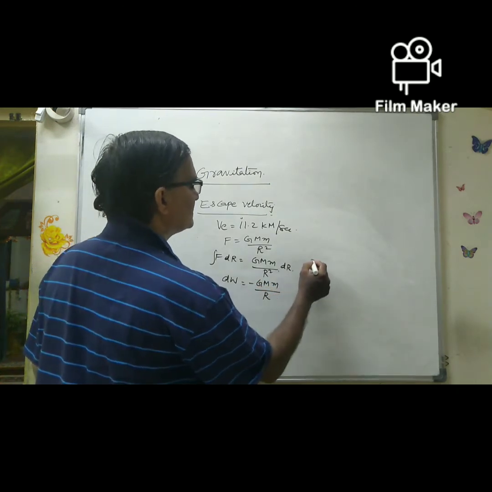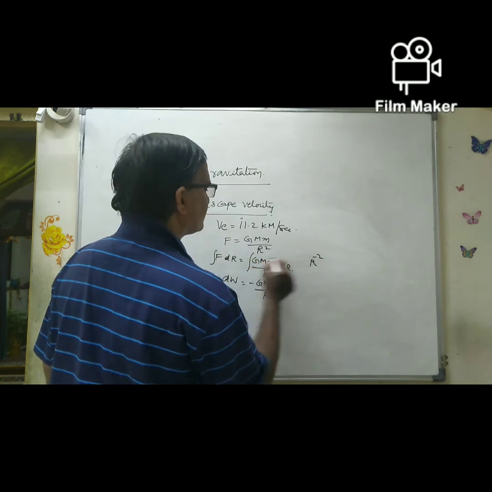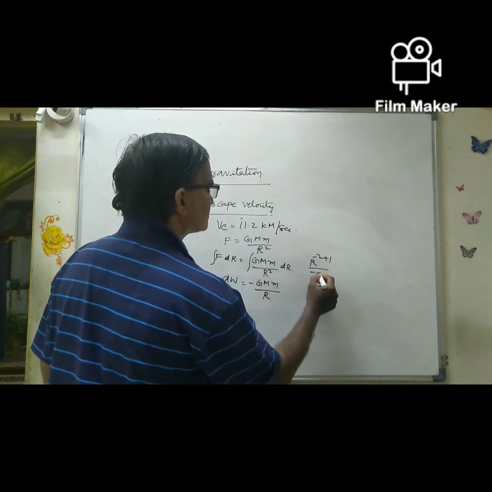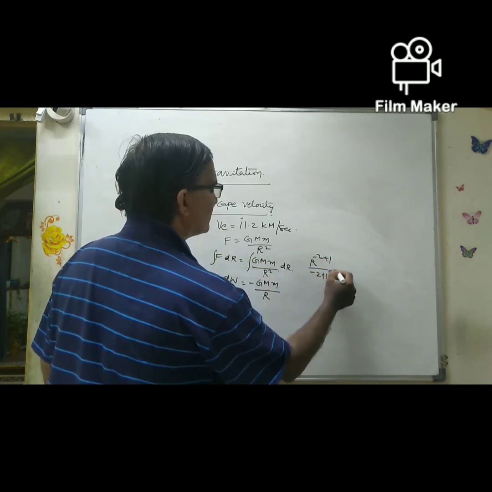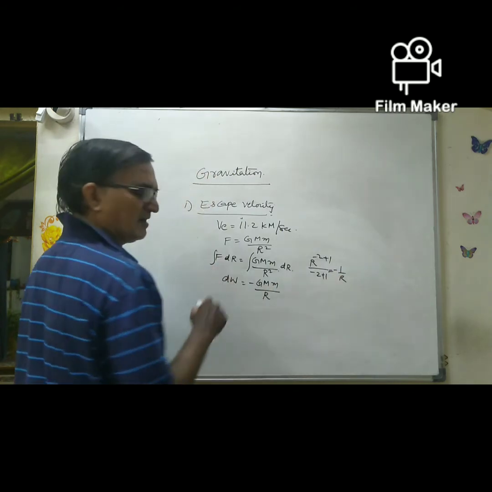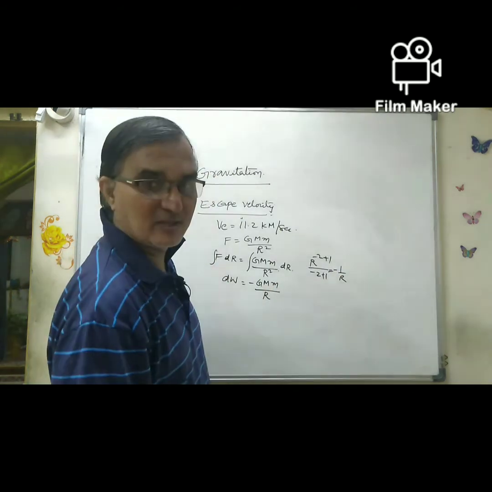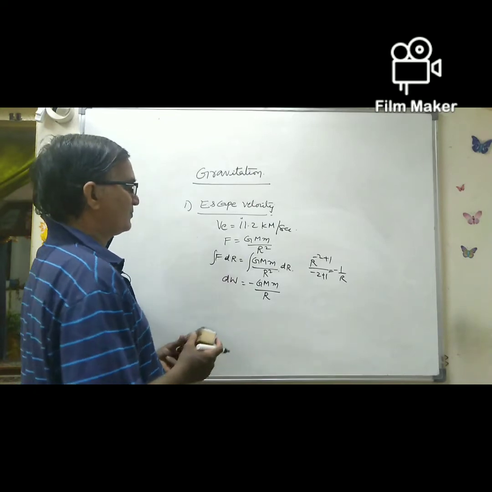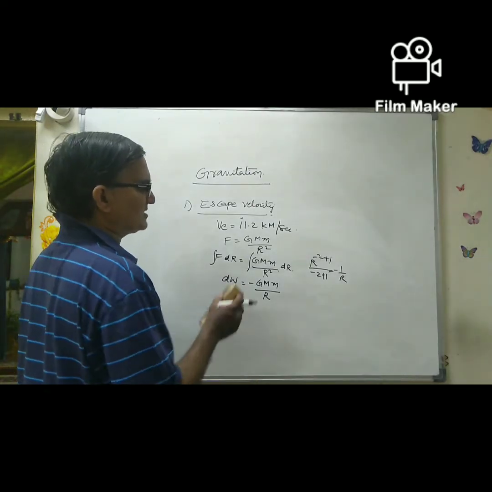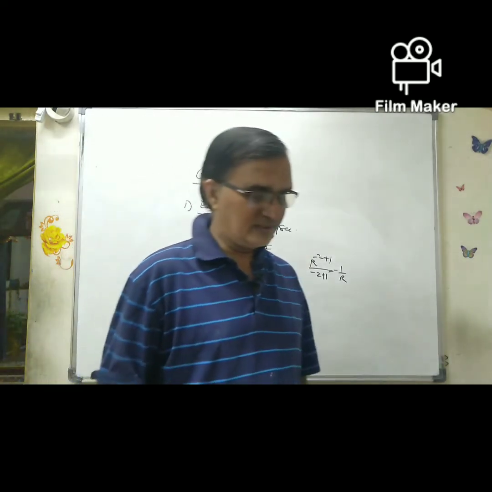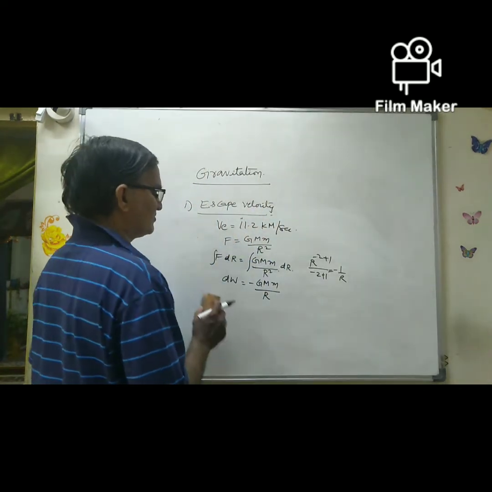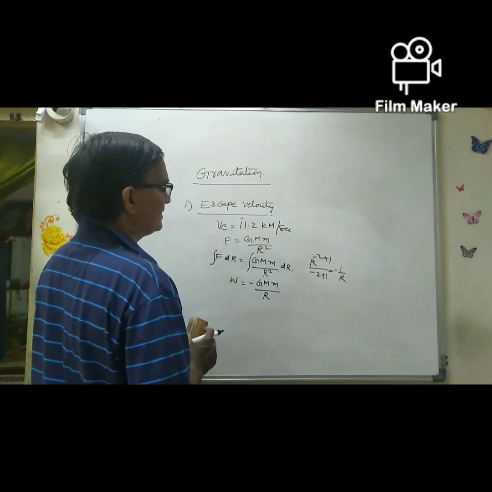That is the integration of r to the power minus 2, which gives minus 1 by r. So GMm by r is what we call gravitational potential energy. This work done is the gravitational potential energy, minus GMm by r.